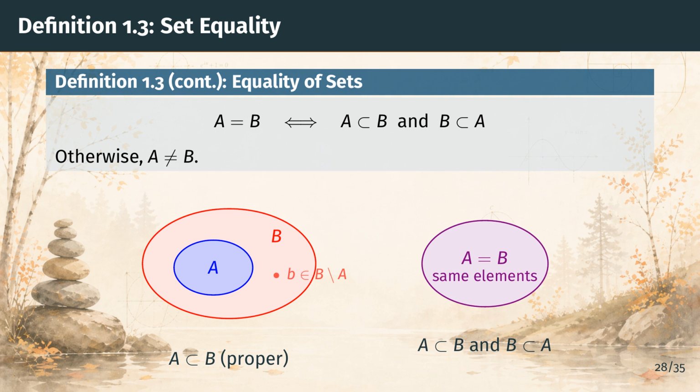As you can see in the diagram on the left, when A is a proper subset of B, A sits strictly inside B, and there is at least one element in B that is not in A. On the right, when A equals B, the two sets coincide completely. This double inclusion method of proving set equality, showing that each is a subset of the other, is one of the most common proof techniques in analysis.